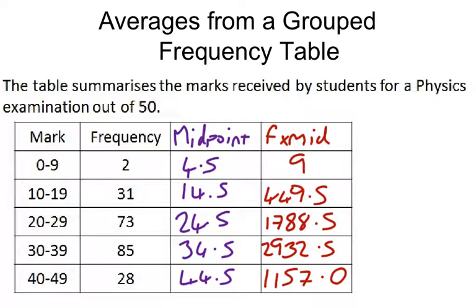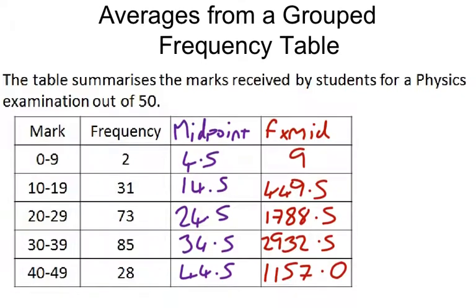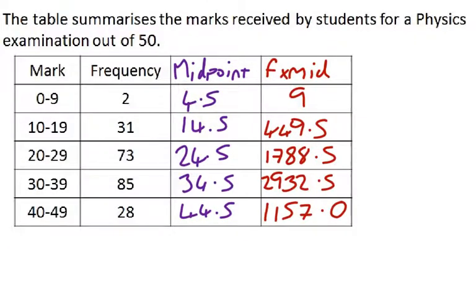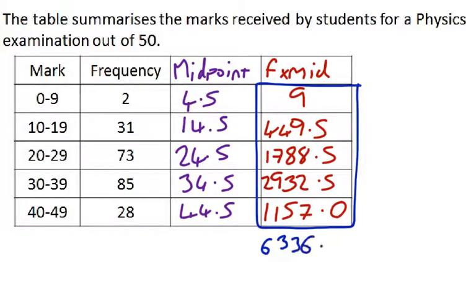Obviously we are not using the actual data here, so the result we're going to get is going to be an estimate of the mean. Once we've done this though, we do the same as we did for a normal frequency table. We find the total of this final column here, and when we add all those up we get 6,336.5, and we find the total of the frequencies, which is 217.